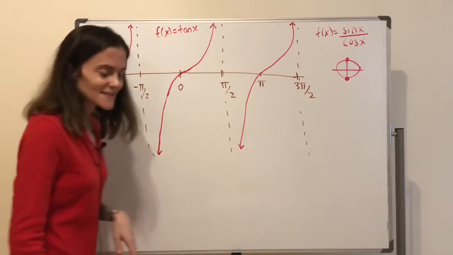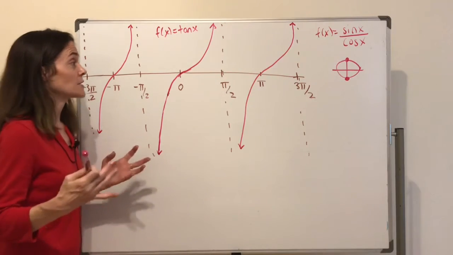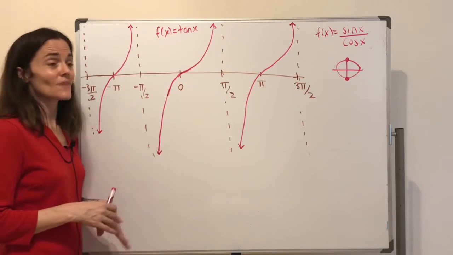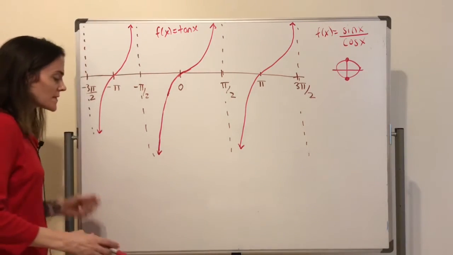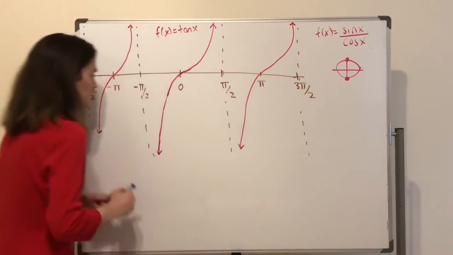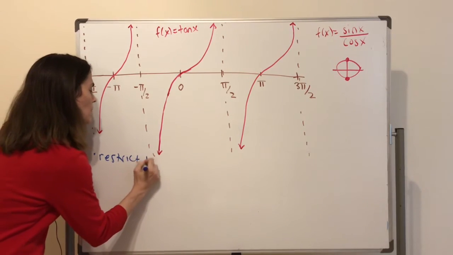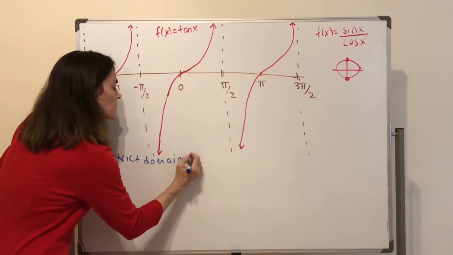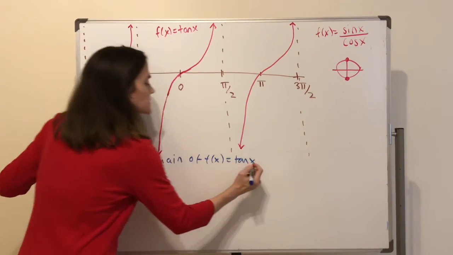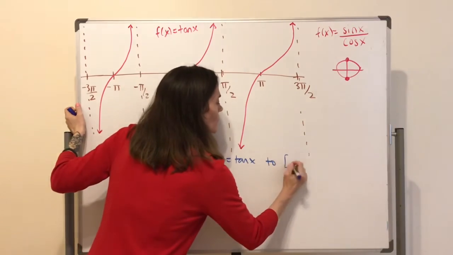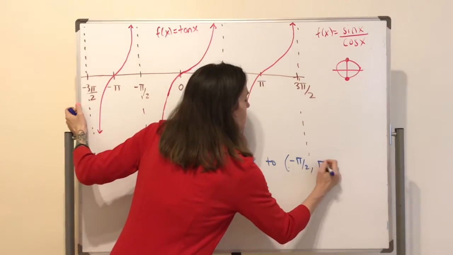Now, just like sine and cosine, this graph on its natural domain fails the horizontal line test. So with the tangent, we want to restrict the domain of f of x is tangent of x to the open interval from minus pi over 2 to pi over 2.